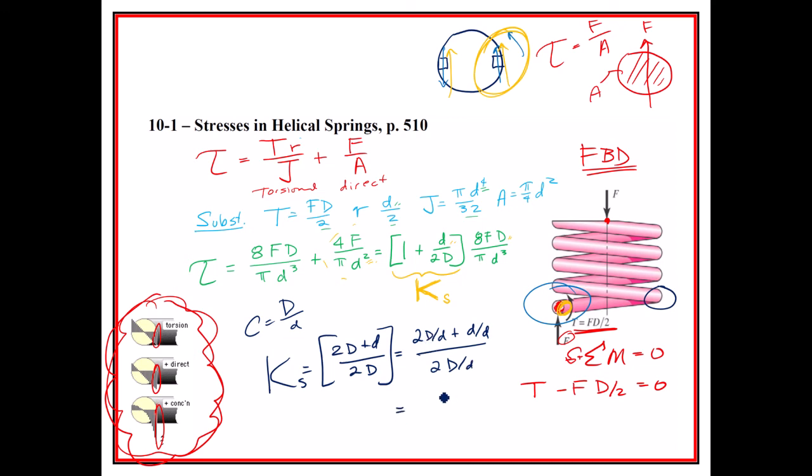If we do that, we get 2C plus 1 divided by 2C. So that's what this Ks is going to be equal to.